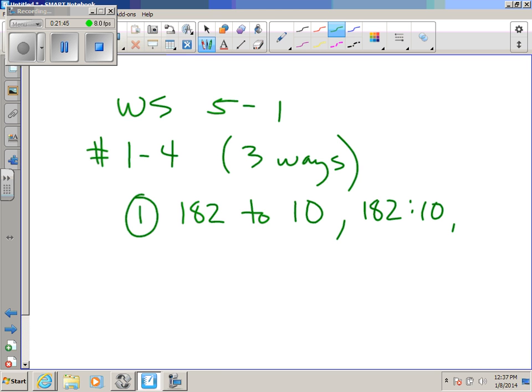And then finally, Alex? Very good. That right there is going to give you full credit. Yes? 182 pupils for every 10, in fact, right, 182 to 10. It was the first one listed.